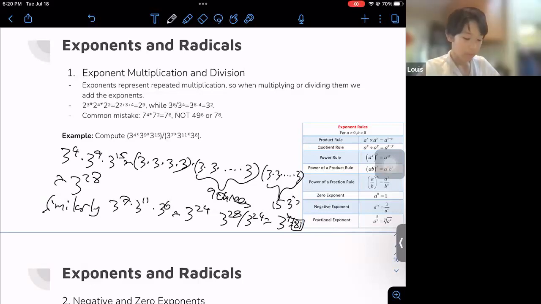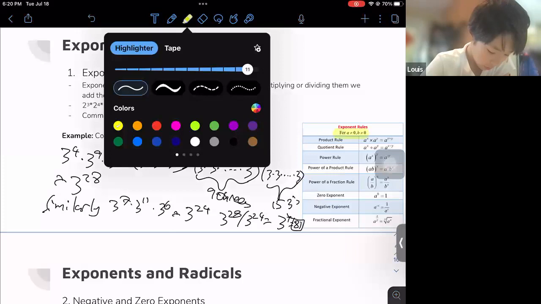Okay, so over here we have a few exponent rules, but it's only if A is not equal to 0 and B is not equal to 0.